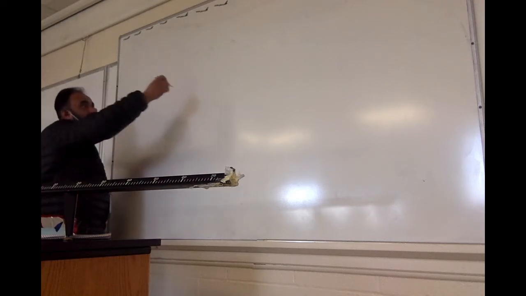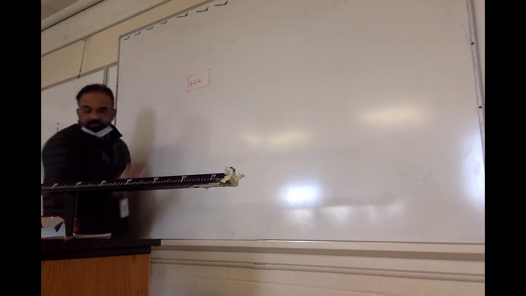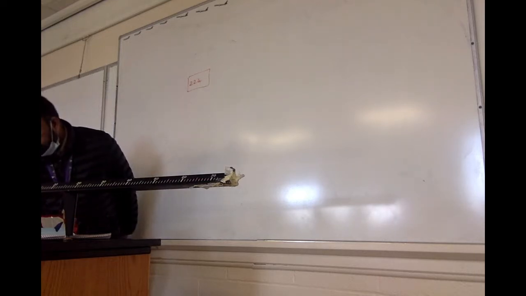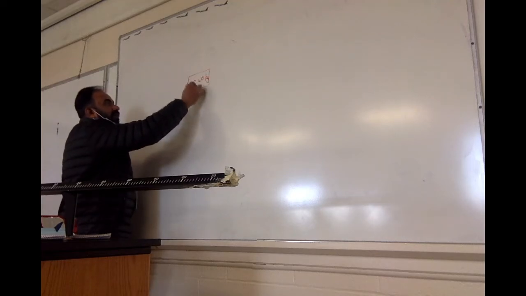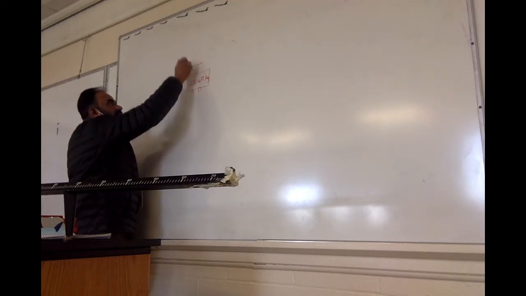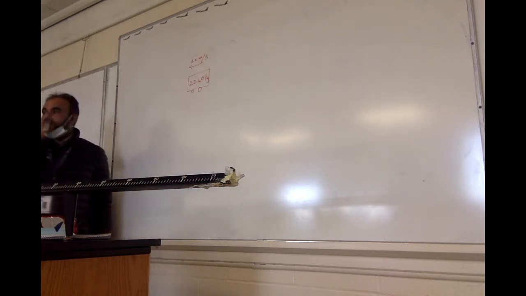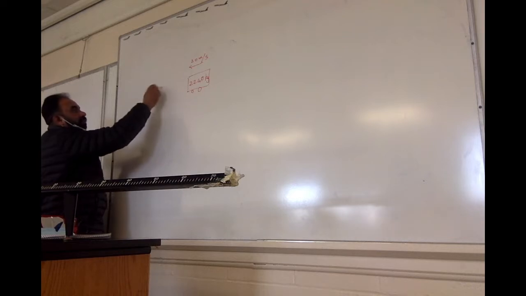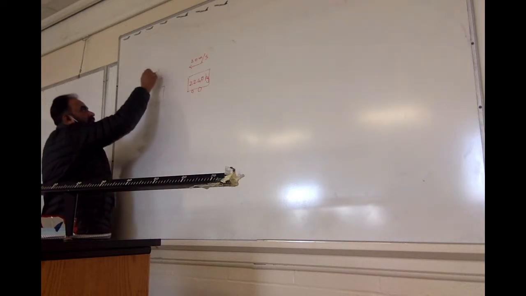So this is a car which is 2,240 kilograms, and this car is moving to the west at 20 meters per second, and it slows down to 5 meters per second.